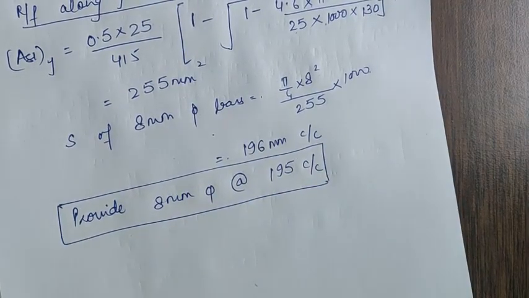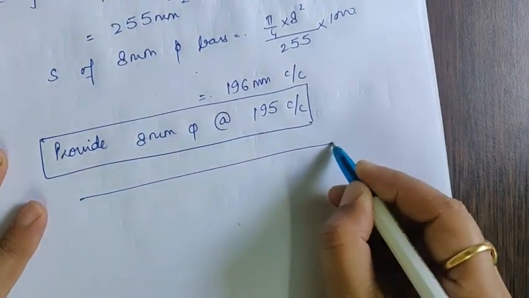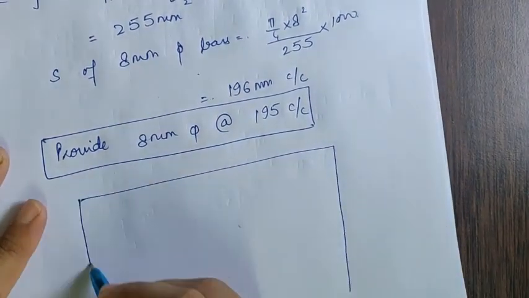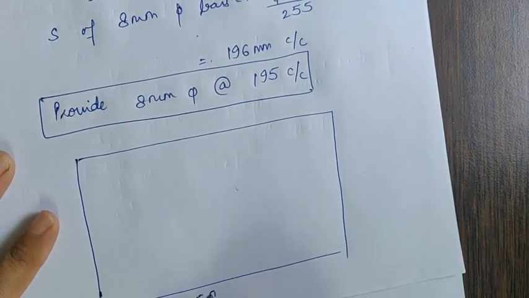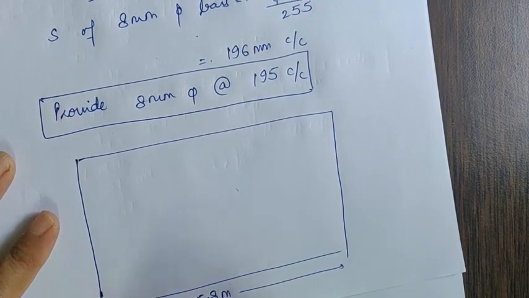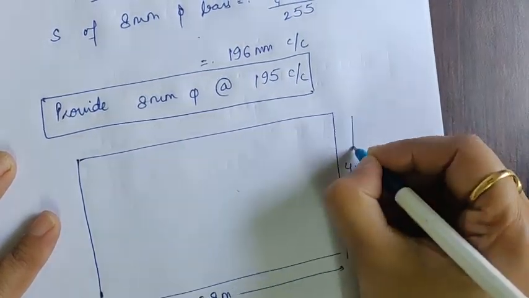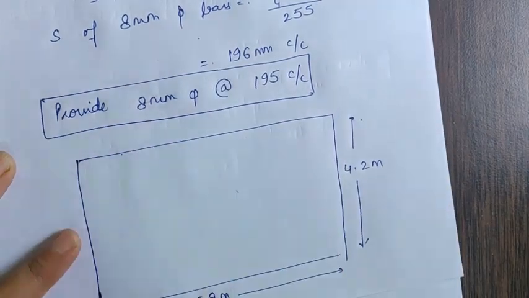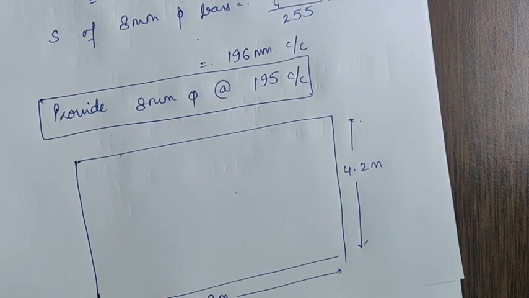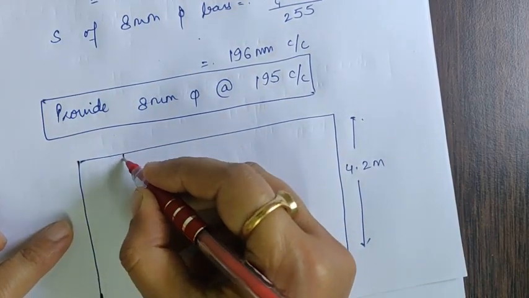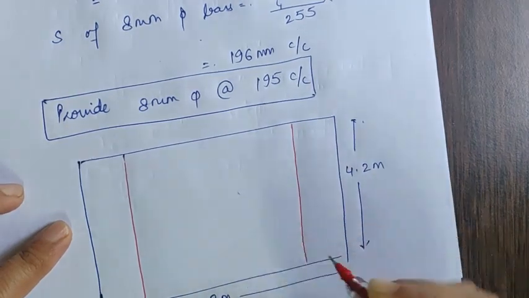Okay. Now this is very important. If this span is 5.8 meters, this span is 4.2 meters, then we all know that we are to divide this particular span into the middle strip and the edge strip.